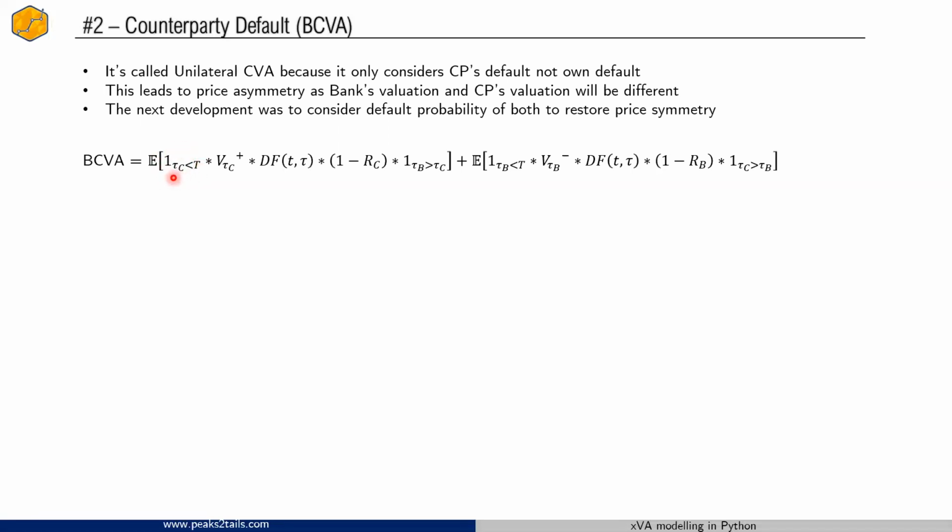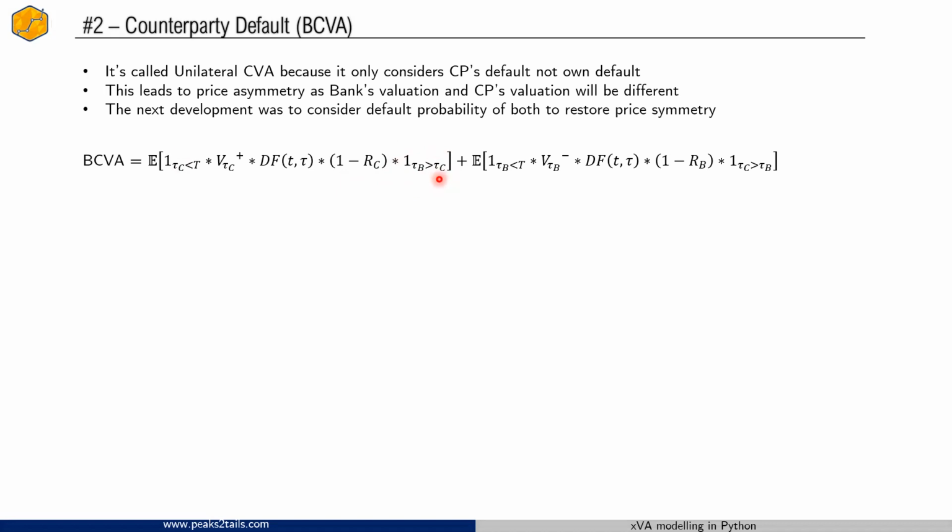The counterparty must be defaulting before the life of the instrument for you to have a loss, correct? Positive exposure for you at tau C, because this is the default time of the counterparty. This remains the same, discounting, that's fine. LGD of the counterparty, right? That's fine.